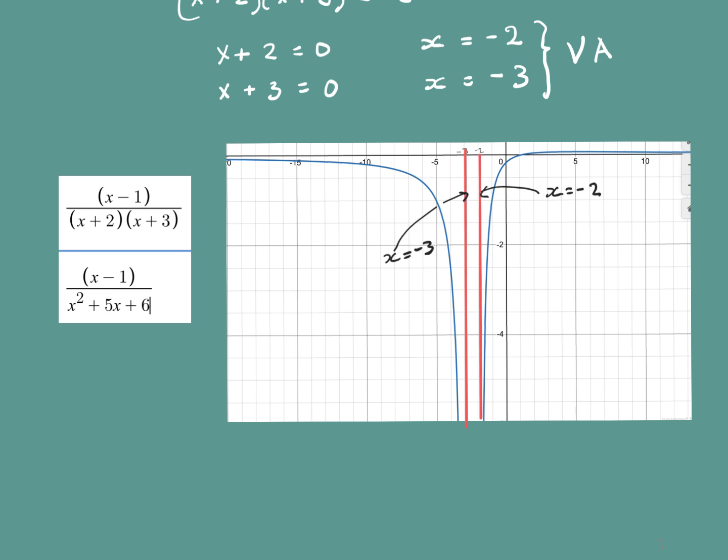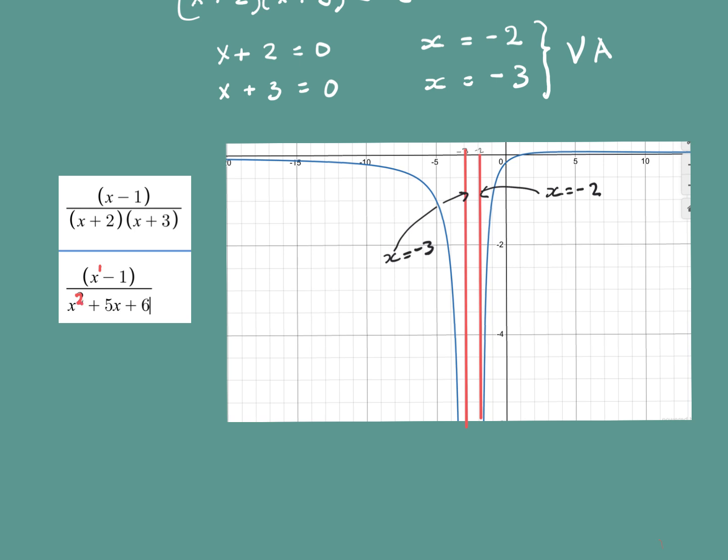I left this function in 2 different forms because if you look at this particular form over here, we can use this to also find the horizontal asymptotes. And the rule is here to look at the degrees. The degree in the numerator is 1 and the degree in the denominator is 2.